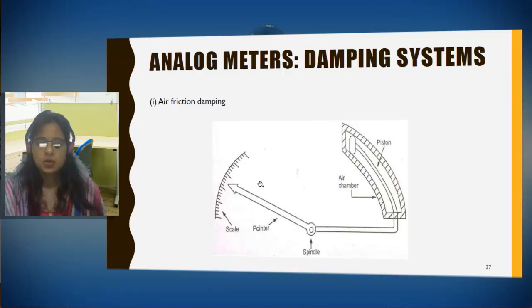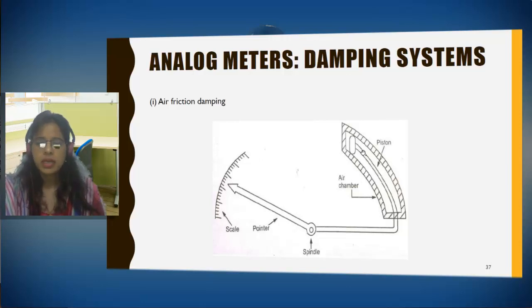Whenever this pointer moves from the initial position, the pointer is attached to the spindle and this is attached to the piston. Suppose the pointer is initially at the 0 position. It will deflect, so let it be in some position here.